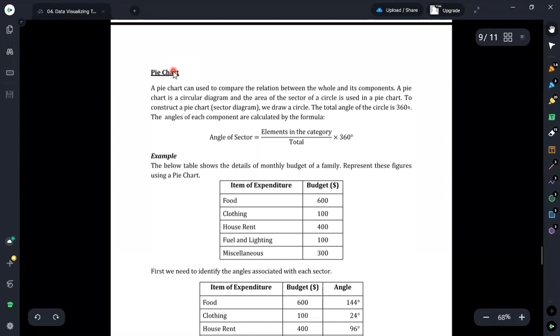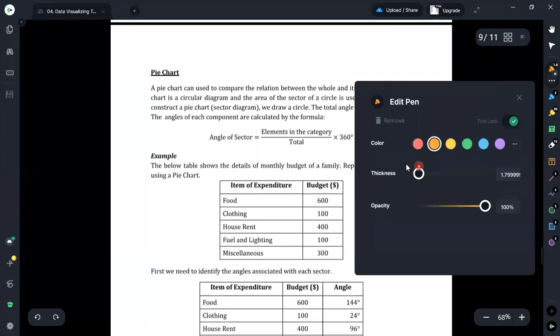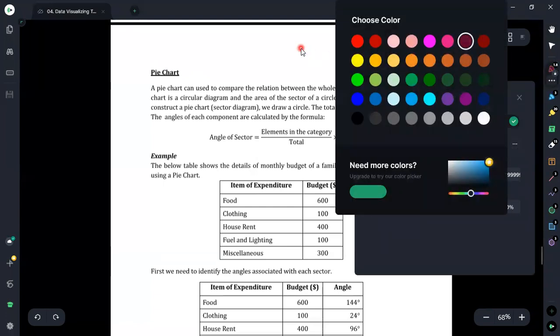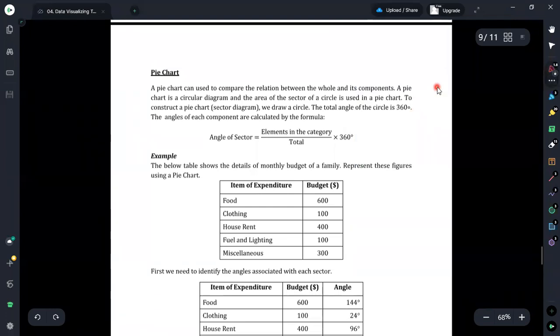In the word itself, the pie chart, we all know that if you are considering a sector from a circle, if you are just obtaining a sector from a circle, then this small part is meant to be a pie.